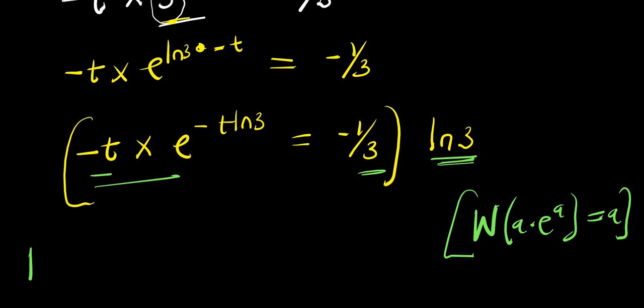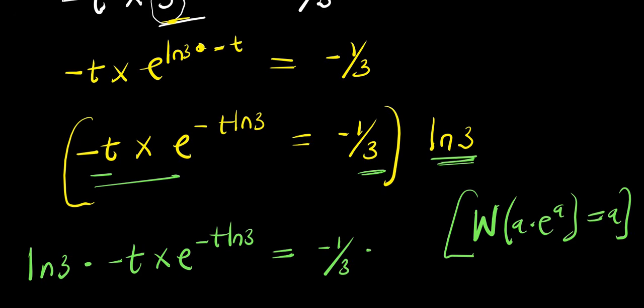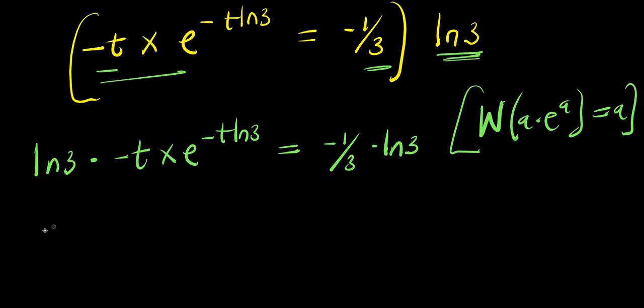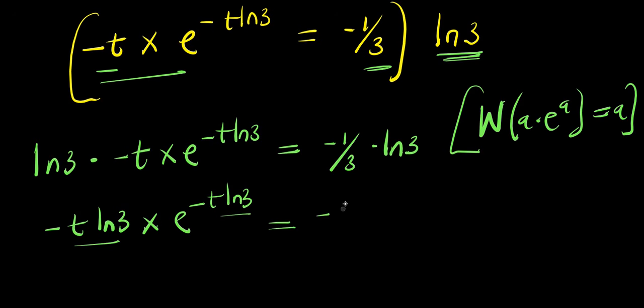So we are going to have ln 3 times negative t times e power negative t ln 3 equals negative 1 over 3 times ln 3. So from here, this will give us negative t ln 3 times e power negative t ln 3. This and this are now the same, equals negative 1 over 3 times ln 3.